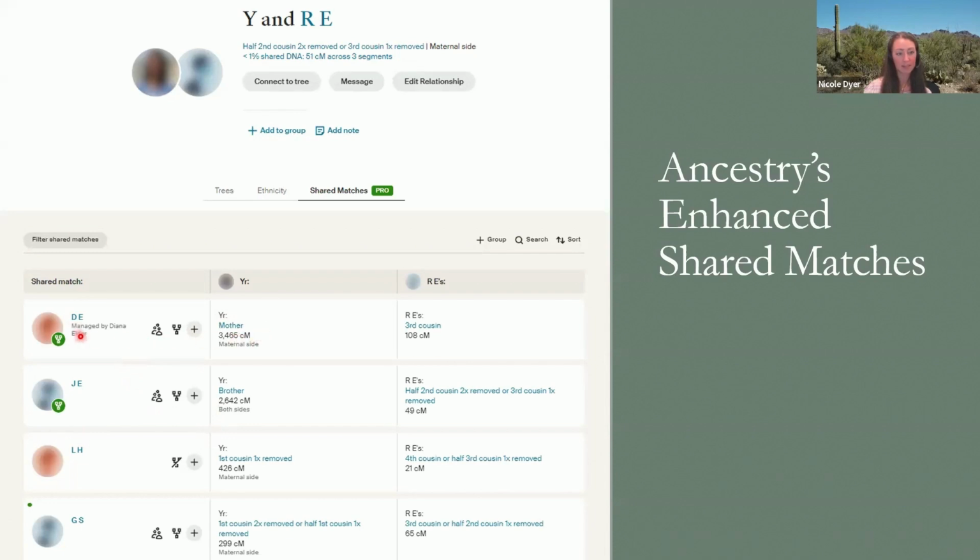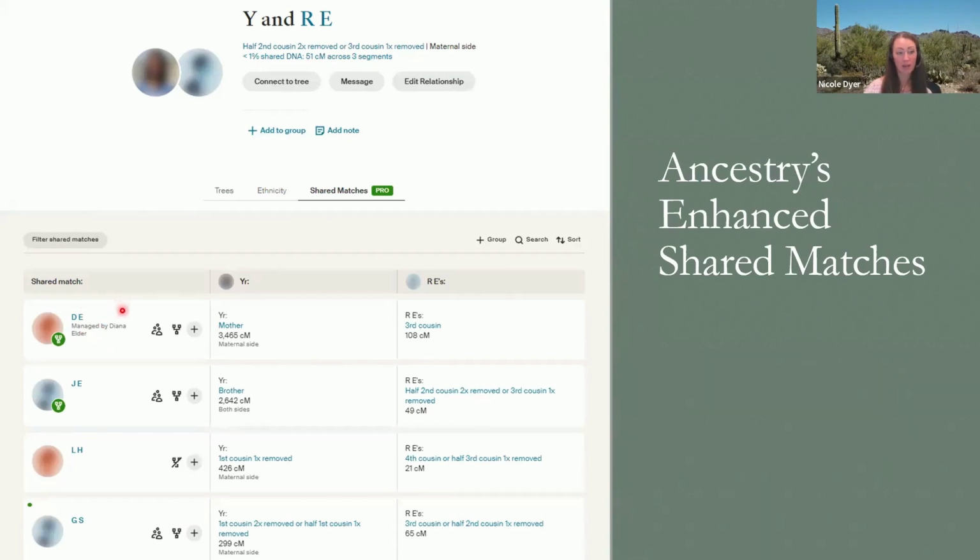So this is Diana, this is my mother, and we share this amount of centimorgans. But how much does DE share with RE? She shares 108 centimorgans, and they're possibly third cousins. Then the next match is JE, and to me, this is my brother, but to RE, this is a half second cousin. So right now it's in order by closest matches to myself.